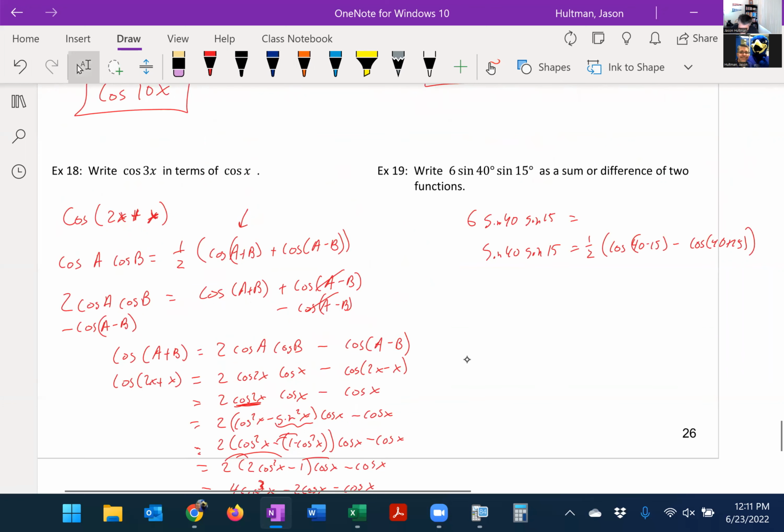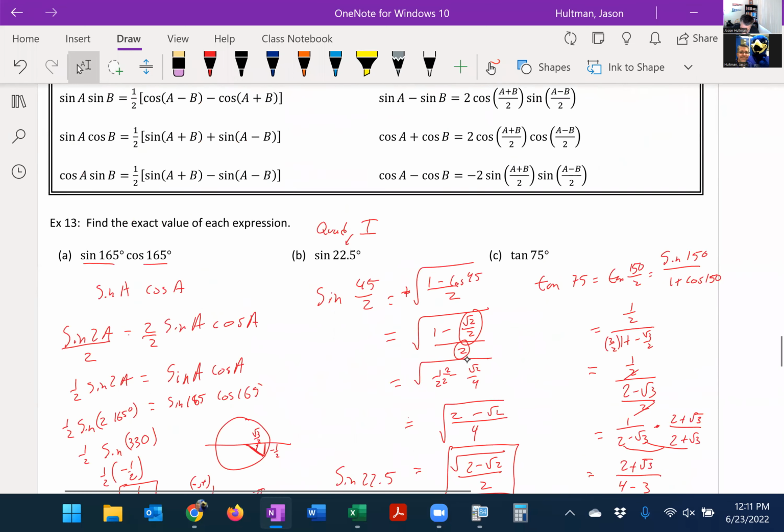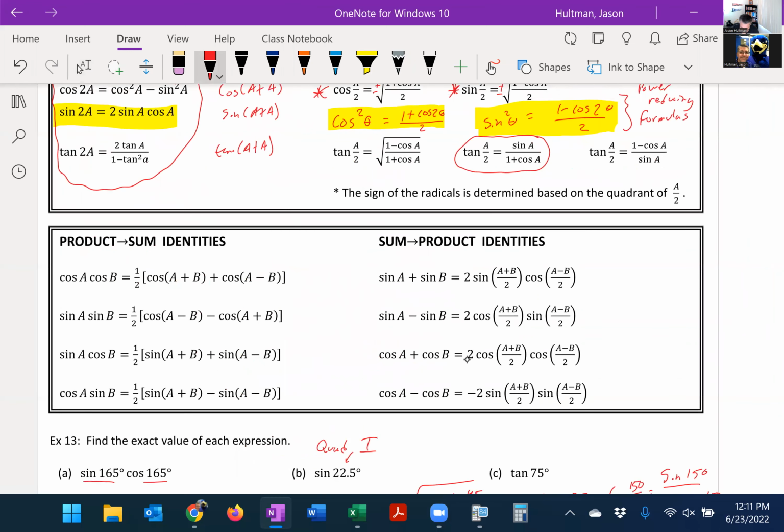Now, where am I getting that from? That's this formula here. We had sine and sine, so that's this formula right here. Let me highlight it. That's that formula there. So we're turning a product of sines into a sum of cosines.